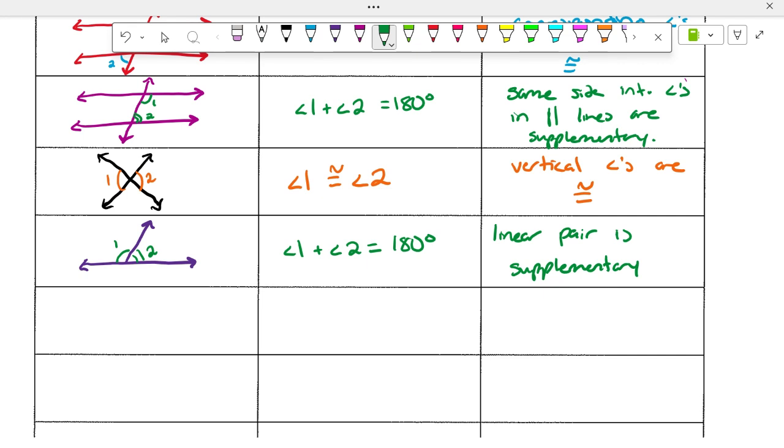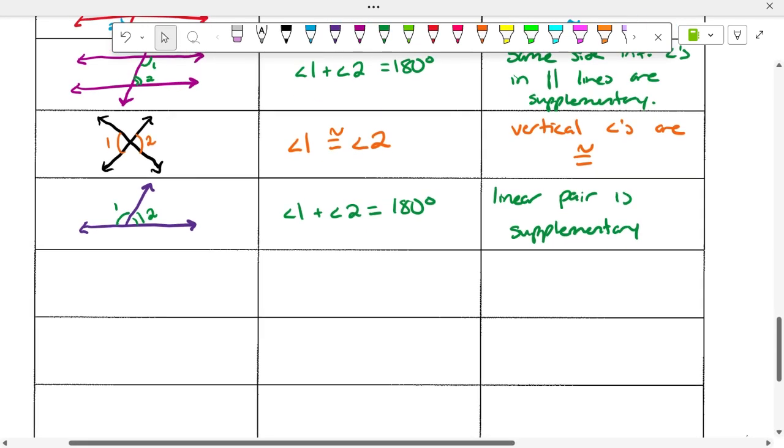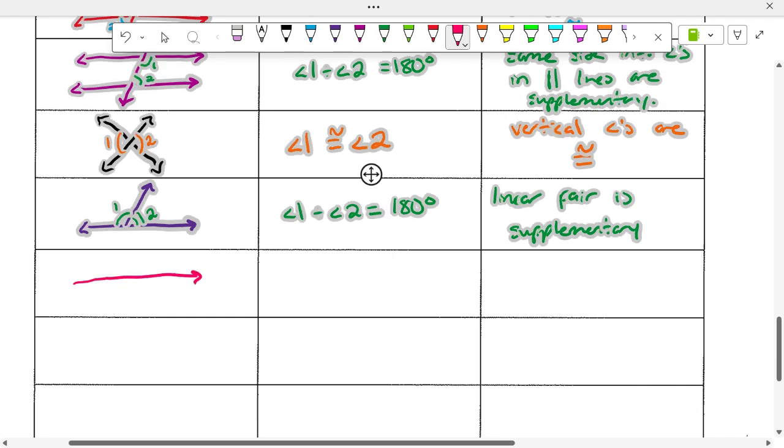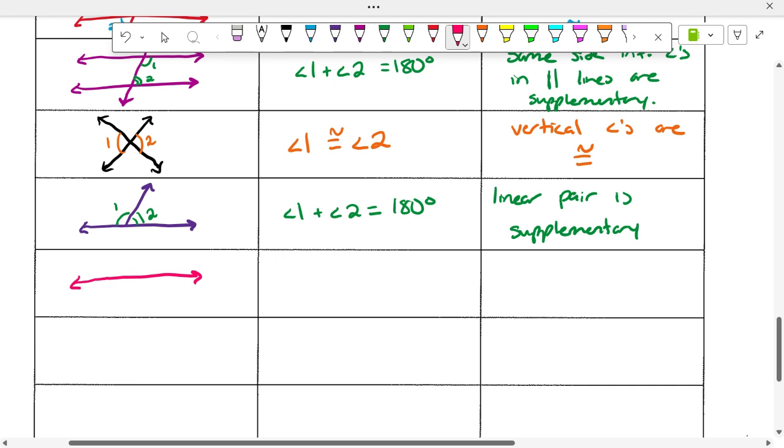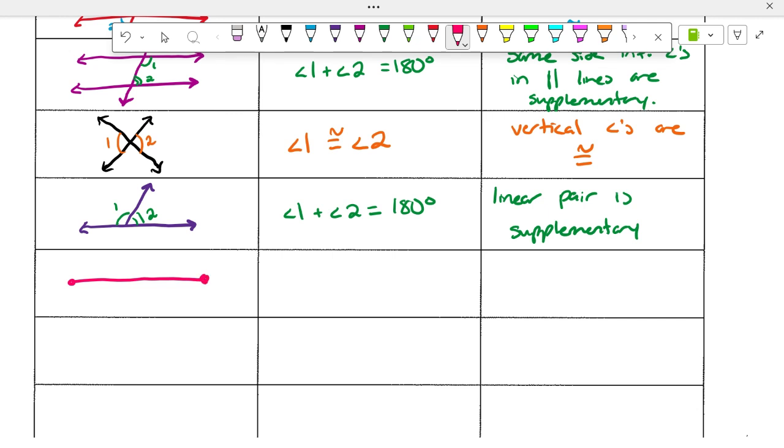Now, those are all angle relationships that you will see. Another relationship that you will see is, let's say you had a line segment. Let's call it AB. And let's say C was the midpoint. All right. So what does a midpoint mean it does?